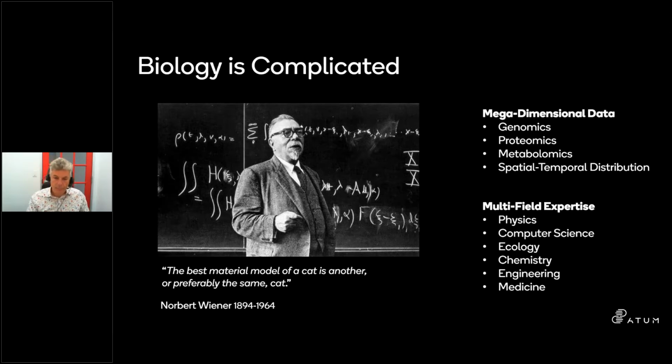At the same time, we also see biology, and certainly biotechnology, is really coming to the intersection between physics, computer science, ecology, chemistry, and so on and so forth, as you're trying to navigate all these different spaces.